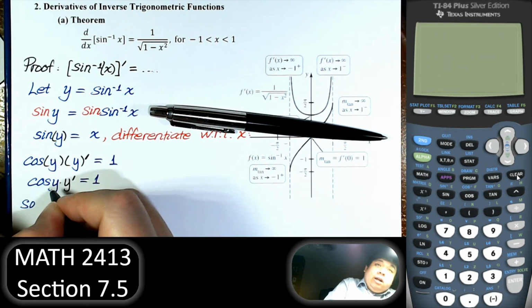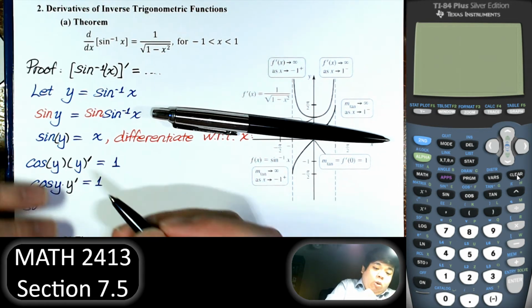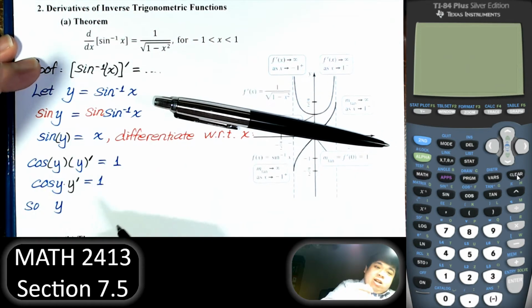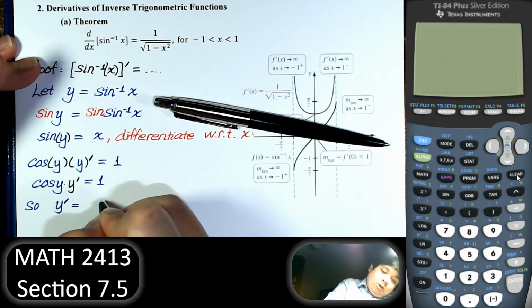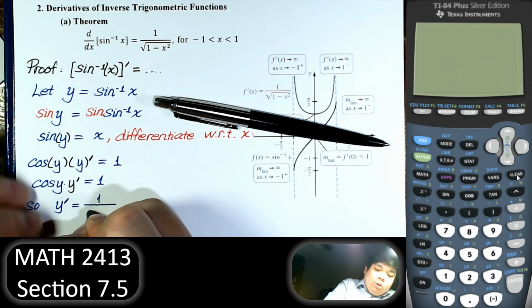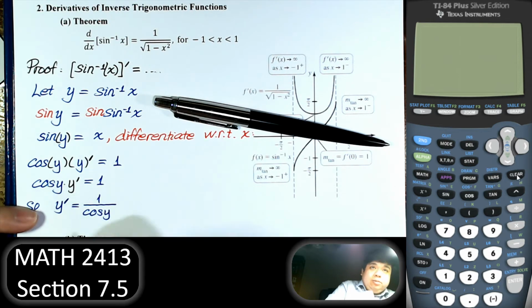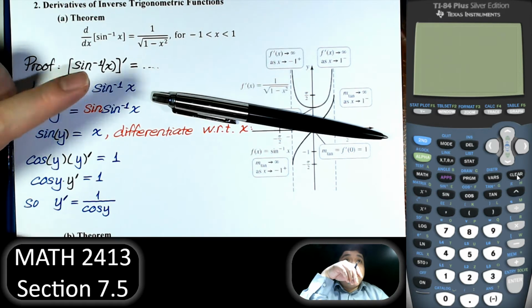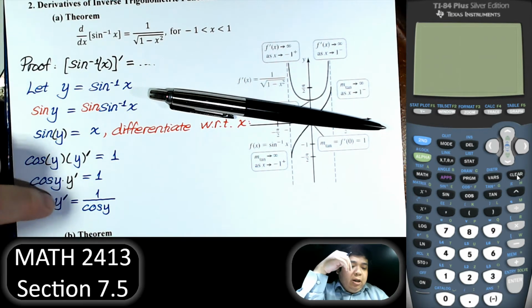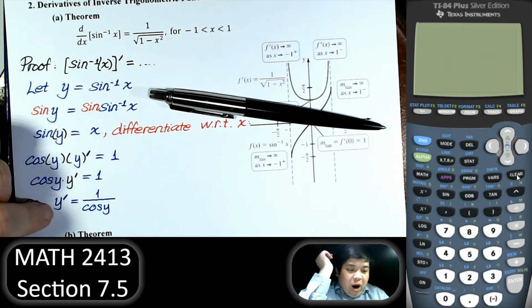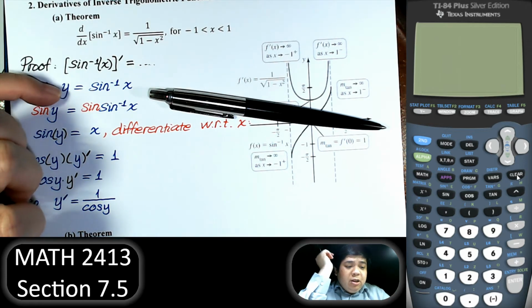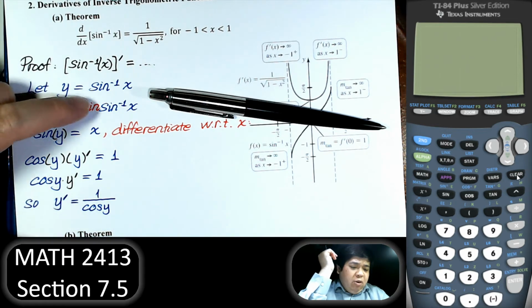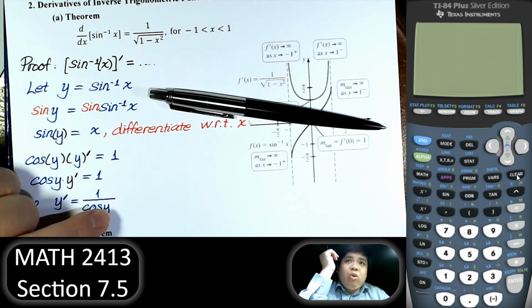So if we want to solve for y prime, which is the derivative of sine inverse, then y prime is equal to 1 over cosine of y. We want to find the derivative of y, which is the derivative of sine inverse. Now, which is good and all, but since the function is equal to x, we should write that in terms of x.